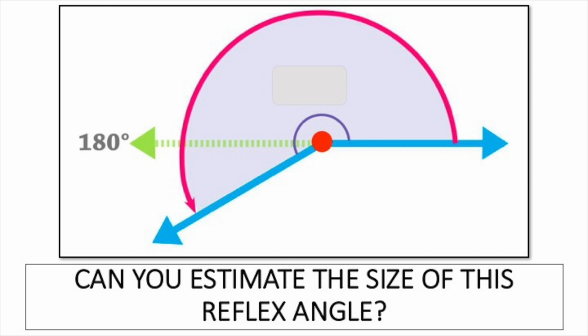Can you estimate the size of this reflex angle? Okay, so we know reflex angles are more than 180 degrees, but less than 360. So we've got 200 degrees. Have a look here. Here we know is 180 degrees, so we have to go larger. 230, 210, 250.